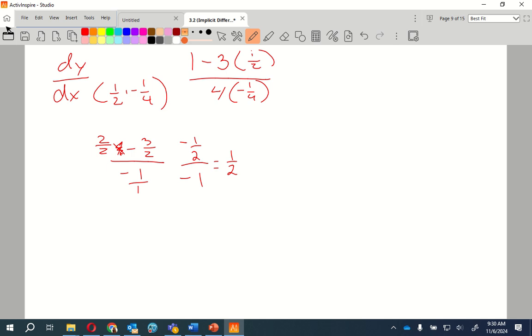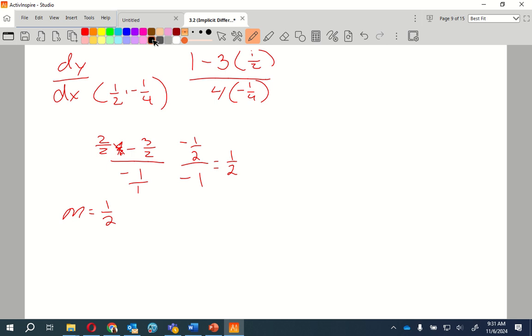Alright, so now what does this actually represent? A slope at the point. So slope at the point, so it's going to be m is 1/2. So I have an m, and what else do I have? Do I have 2 points? Okay, let's do that.